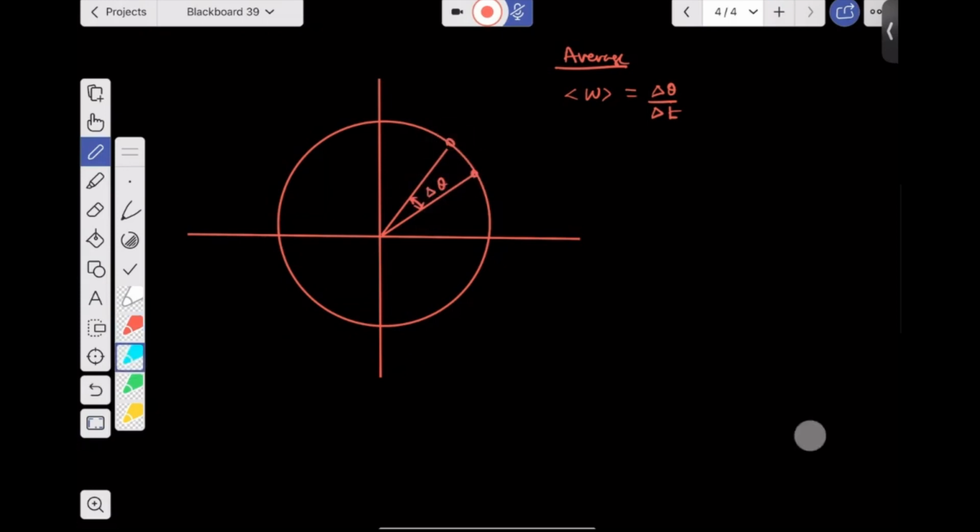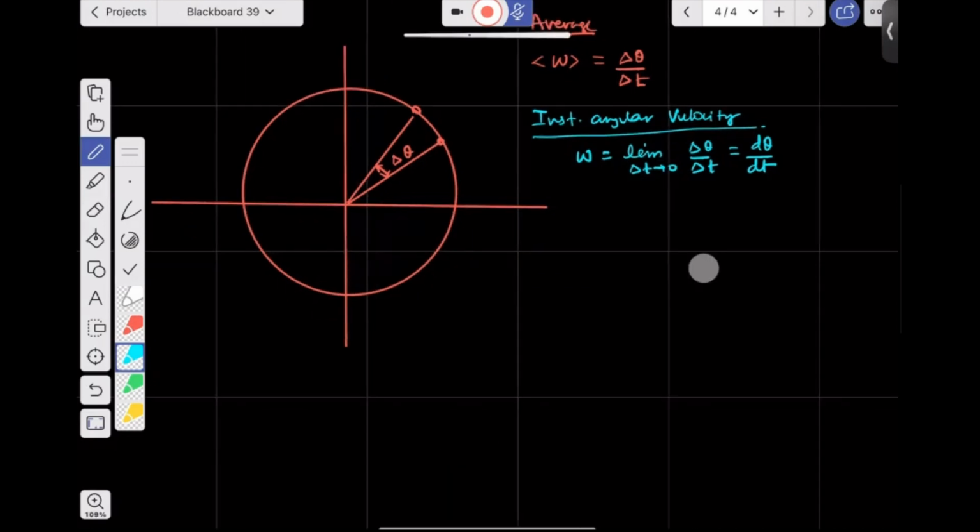Now, similar to the earlier things, instantaneous angular velocity, for which we'll use the symbol omega, will be the limit delta t tending to 0 of delta theta by delta t. That will be d theta by dt.